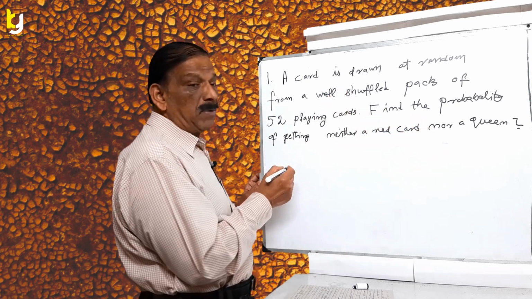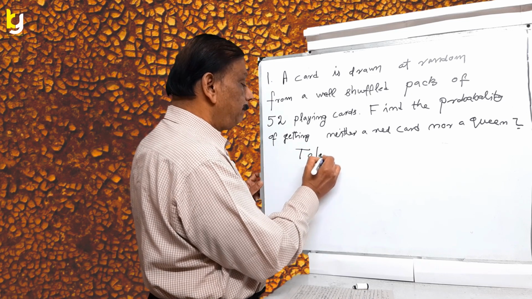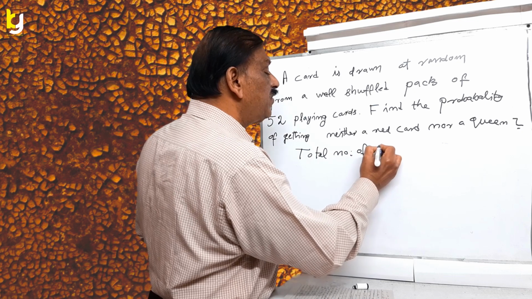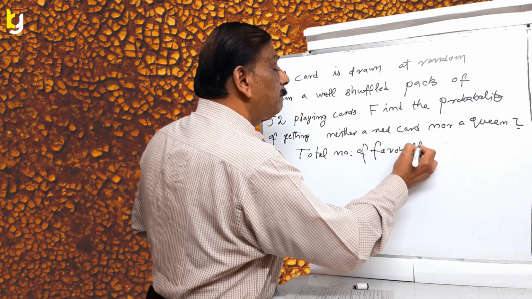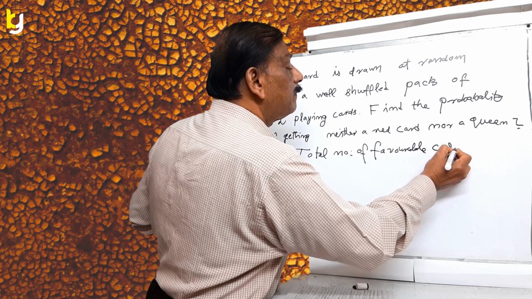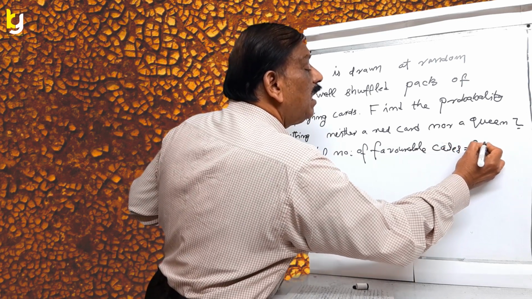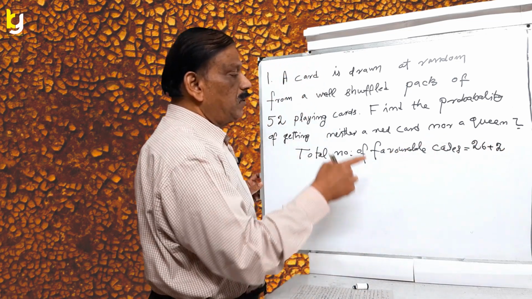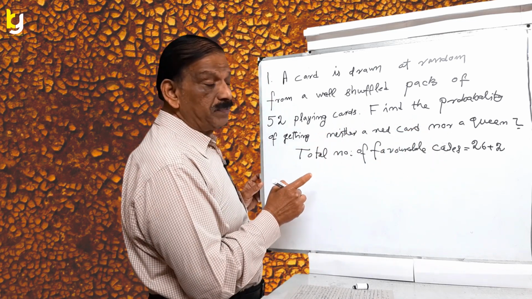So the total number of favorable cases equals 26 red cards plus 2 black queens, because it is neither a red card nor a queen.